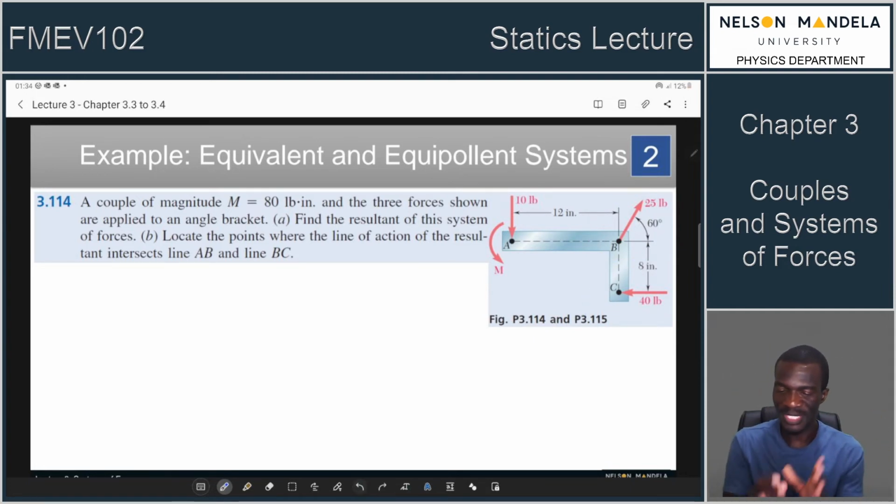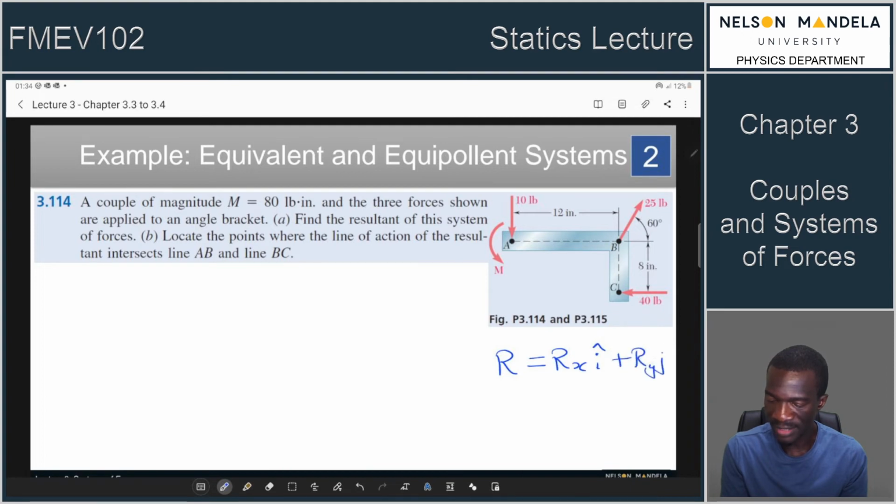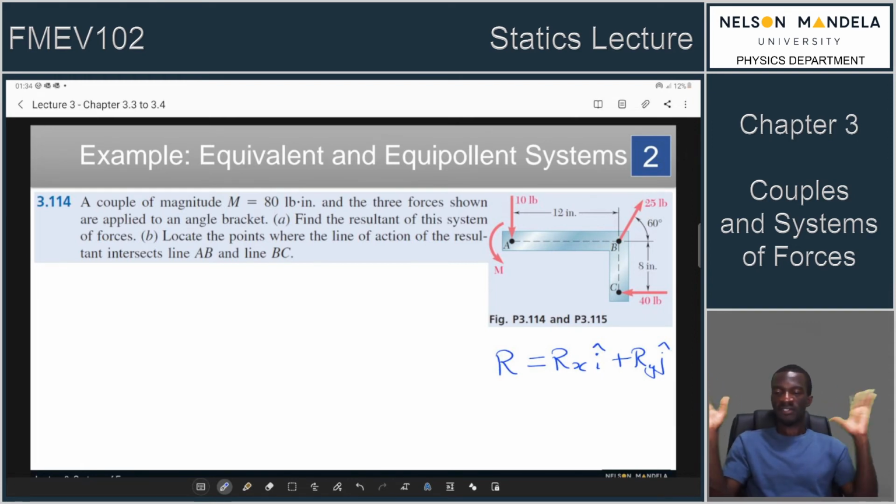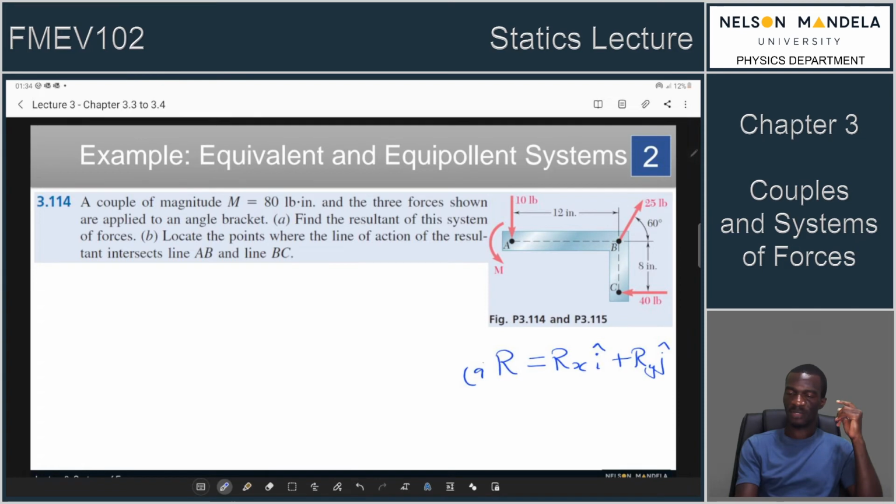So you've got some resultant. Let's just call it R equal to Rx i plus Ry j. I don't know which is positive or negative, so I'm just writing it in generic form. The first part, I think you are used to this now, so you can do it.